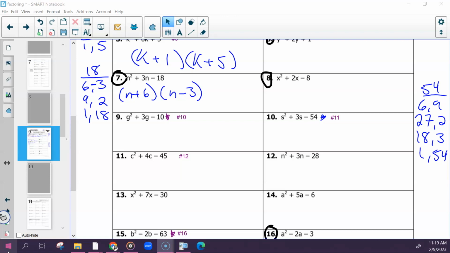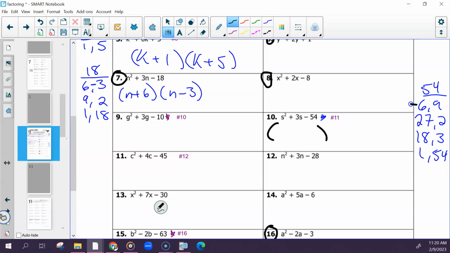One of them's gonna work. So now make the 6 negative. Okay. So if we make the 6 negative and we add that to 9, that would give us 3. So what would those two factors look like?